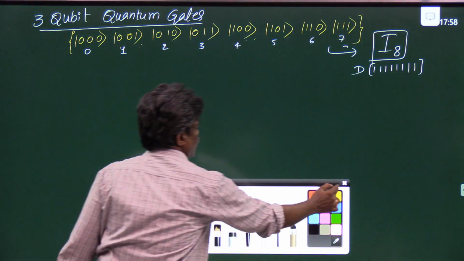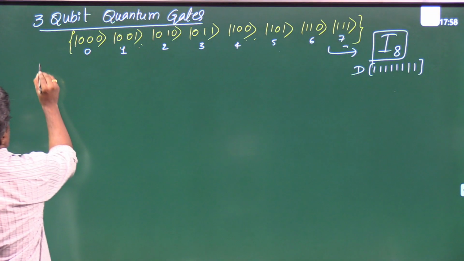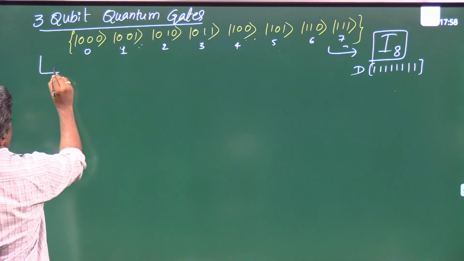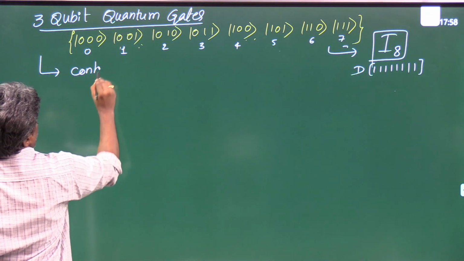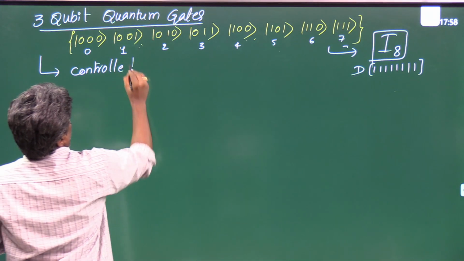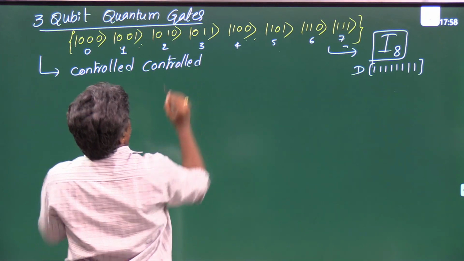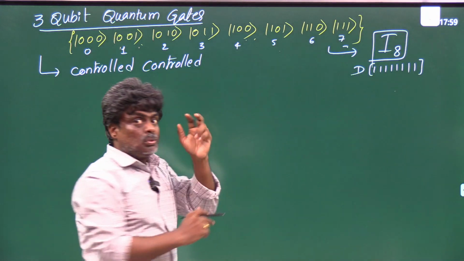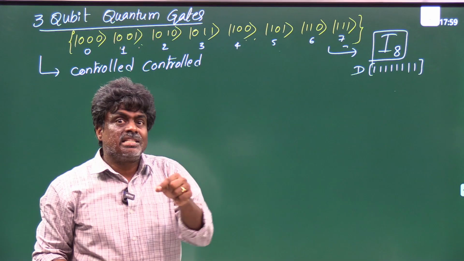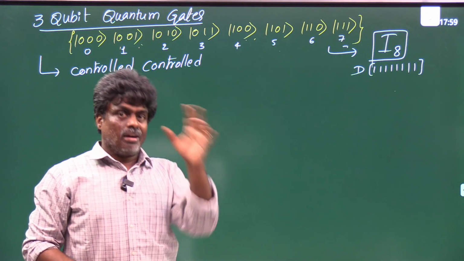Right. So anyhow, these 3 qubit quantum gates are given by controlled unitary. How many control bits are there? 2 control bits. 2 control bits are changing the value of the target.